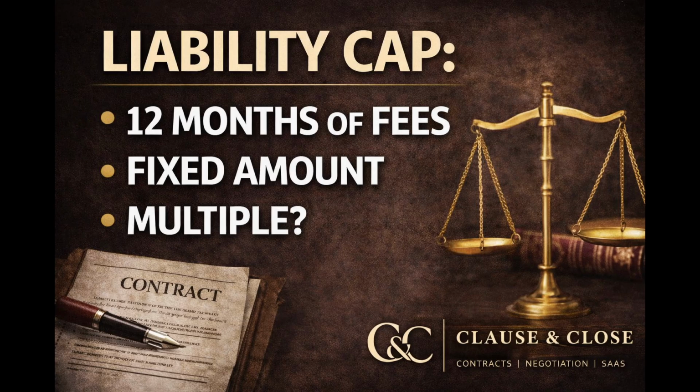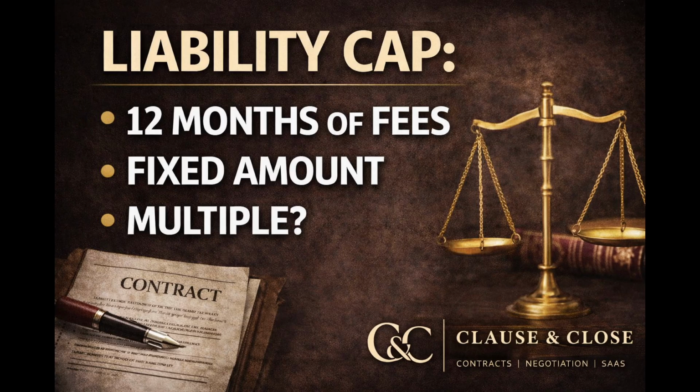Third structure, a multiple of fees. For example, the supplier's total liability shall not exceed 2 times the amounts paid or payable under the agreement during the previous 12 months, or sometimes 2 times the annual contract value. Here, the parties keep the fee-based logic, but increase it by applying a multiplier.